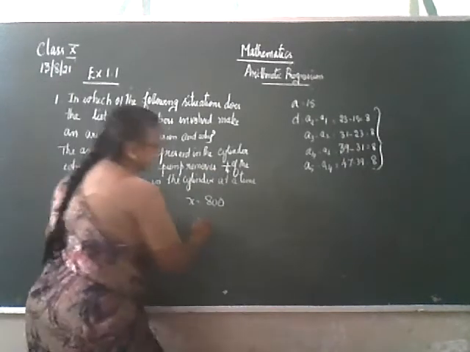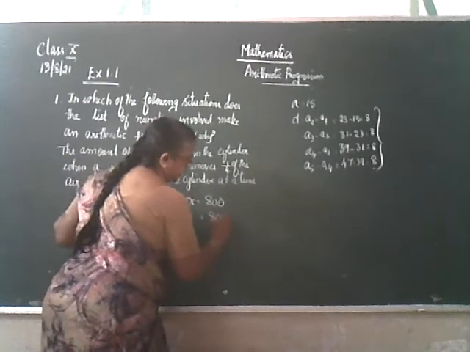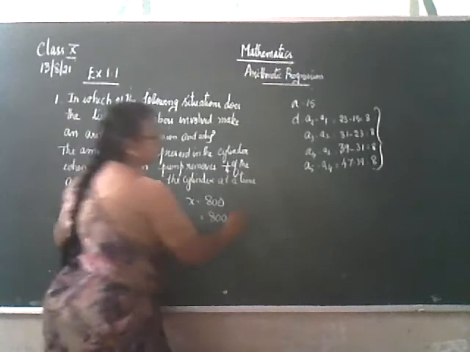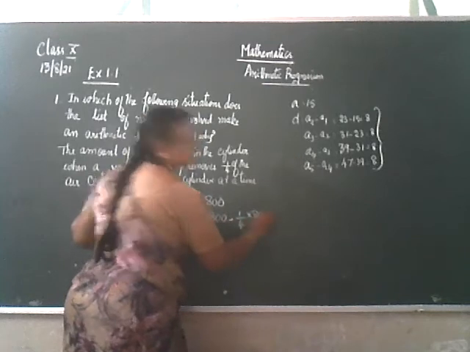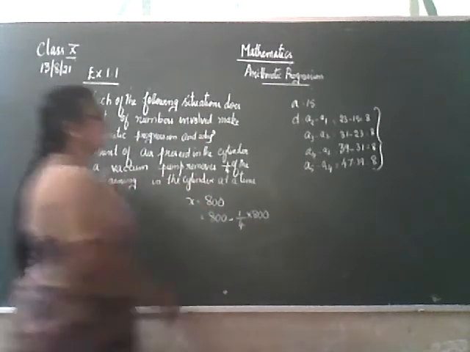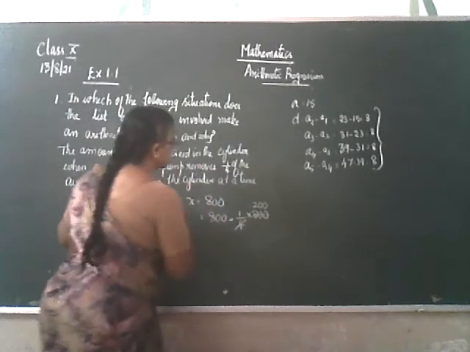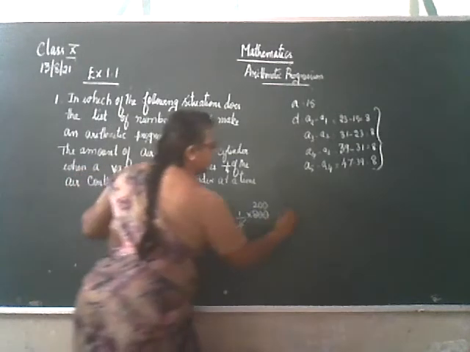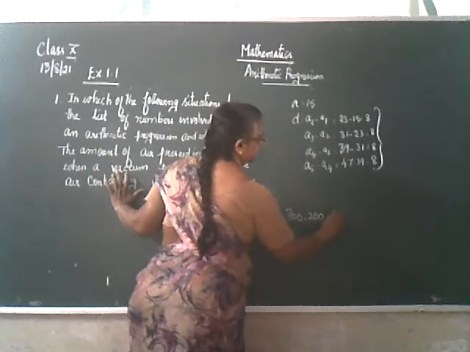So in the second time it removes, since it already has 800, 1/4 of 800. What is 1/4 of 800? 200. So in the second time you will have 800 minus 200, that is 600.